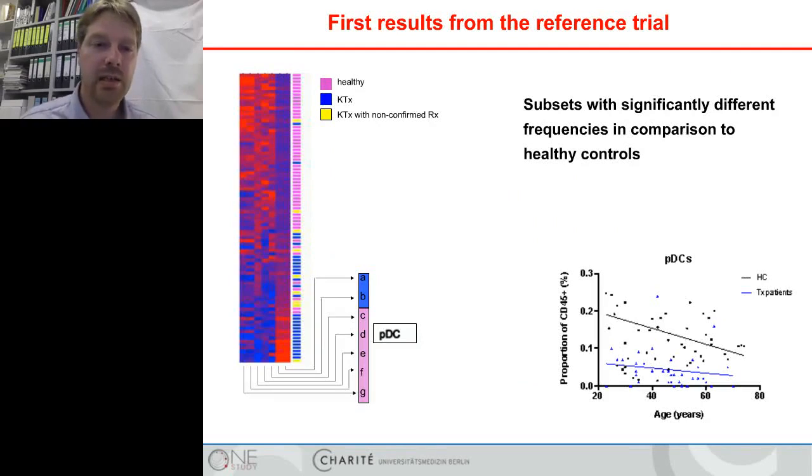As a second test, we used the results of the pre-transplantation time point to look at the subpopulations with the highest discriminative capacity. So here in pink, you have the healthy group, the kidney transplantation group in blue, and the patients with a non-confirmed rejection in yellow.